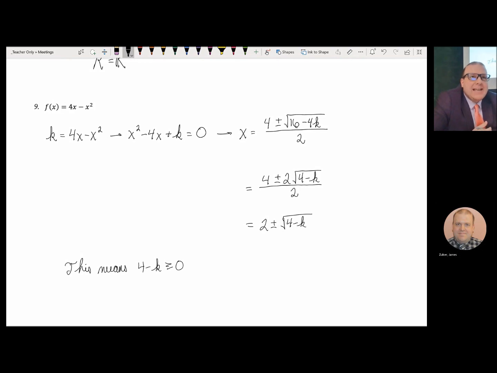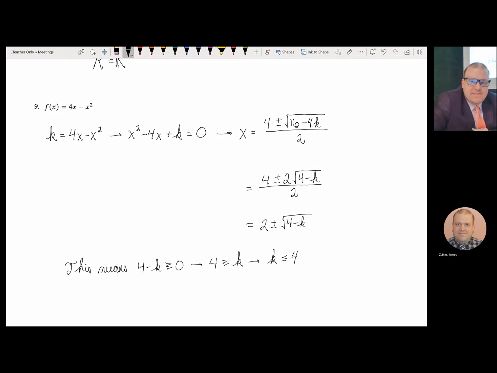That means 4 minus k has to be non-negative. That means 4 is greater than or equal to k, which is the same thing as k being less than or equal to 4.